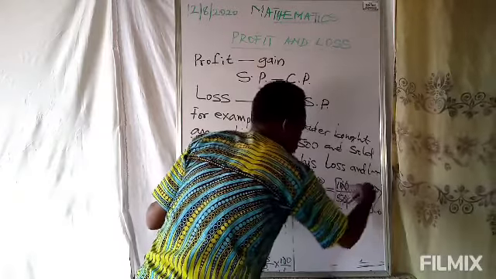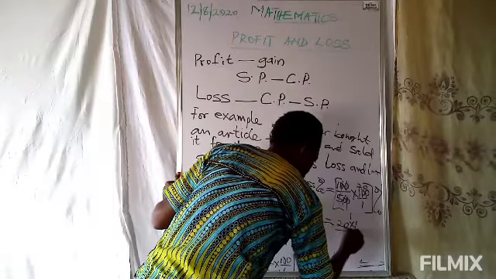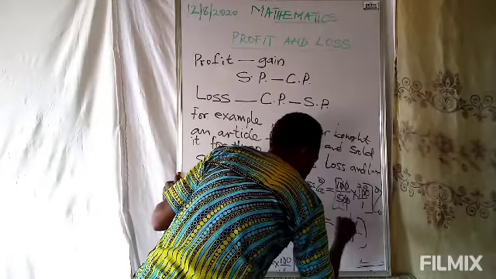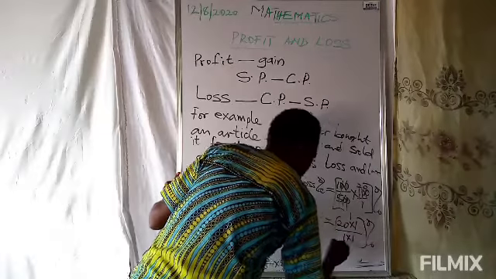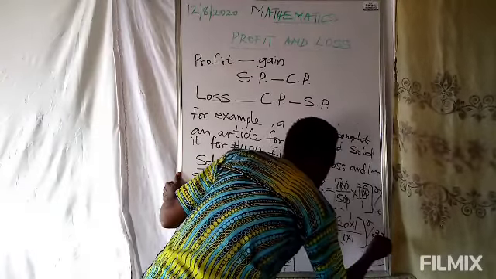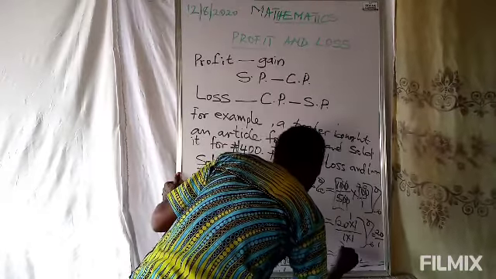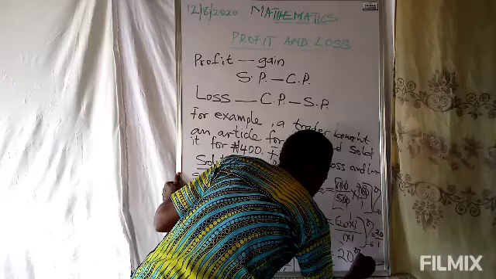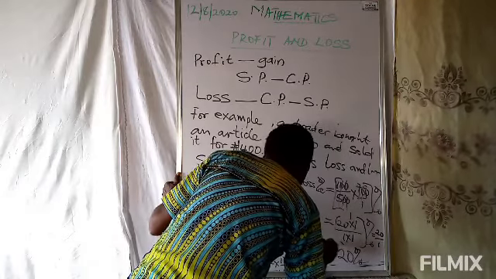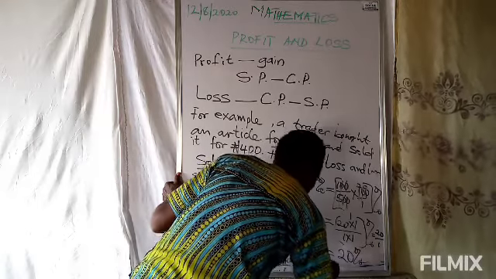So this now becomes 20 times 1, all over 1 times 1, all in percentage. 20 over 1, that is 20%. So the loss percent is equal to 20%.